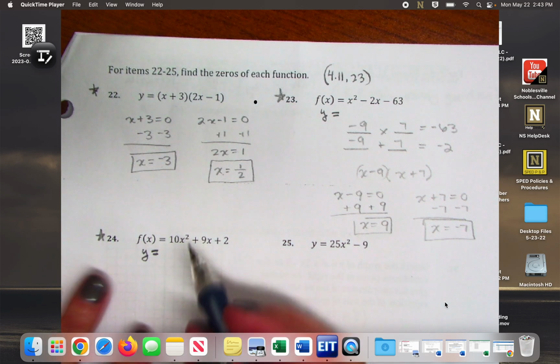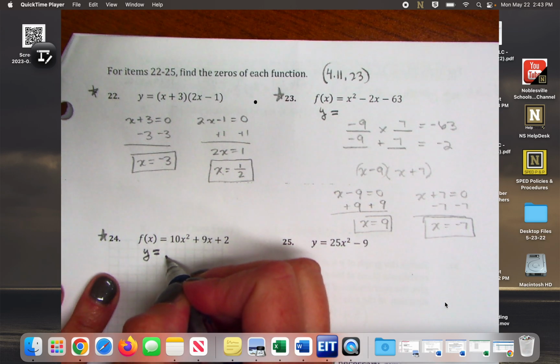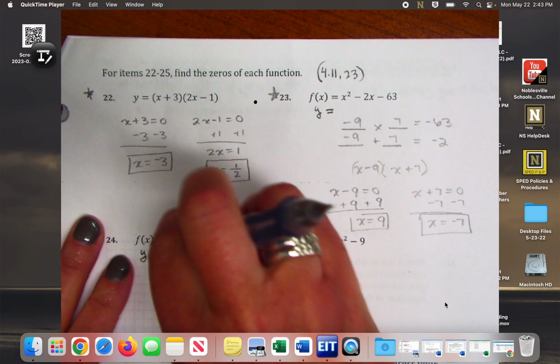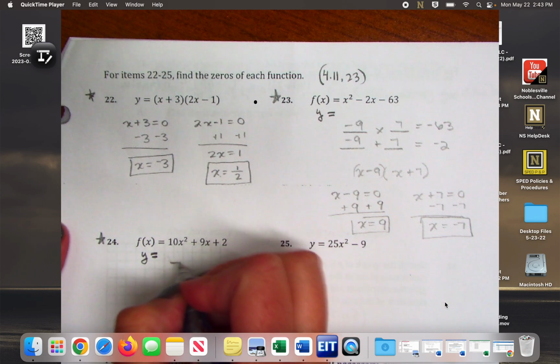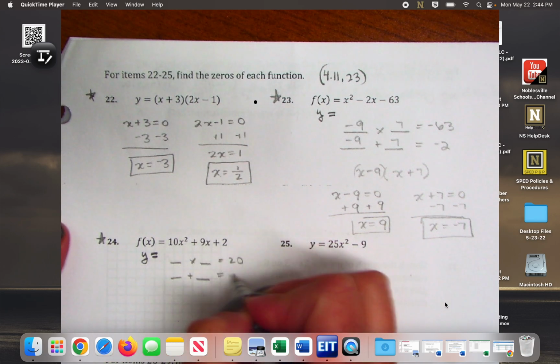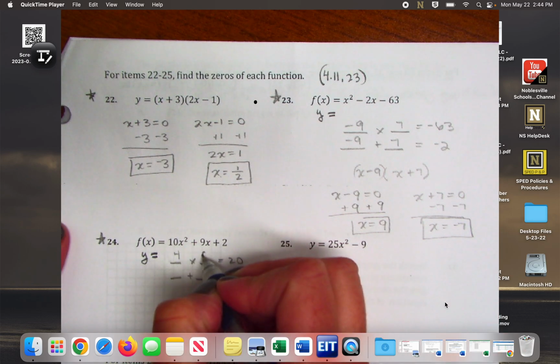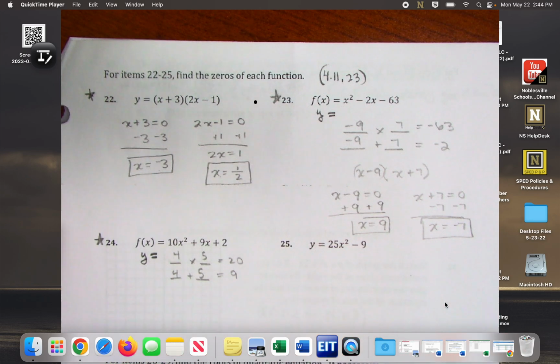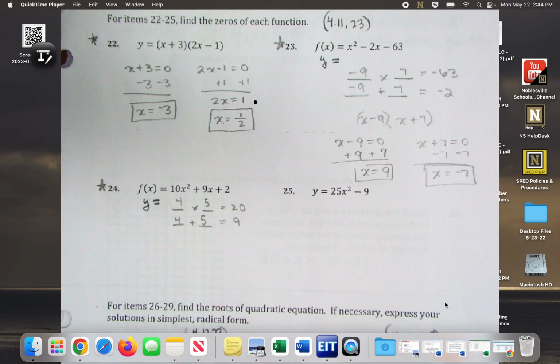All right, so I'm going to have what times what equals 20, what plus what equals 9. I'm going to get 4 and 5 for that.